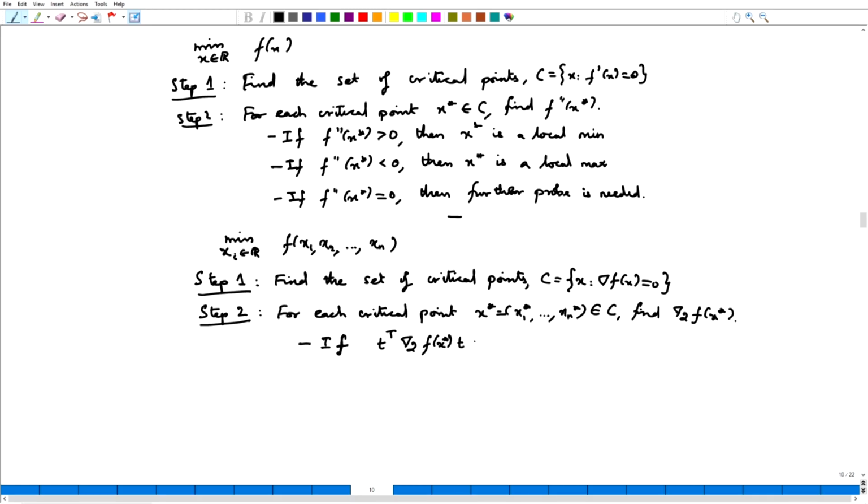If this is greater than 0 for all t in Rn other than 0 (if you put 0, it is obviously going to be 0, but for anything other than 0, this quantity must be positive), then x star is a local min.